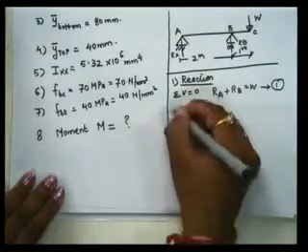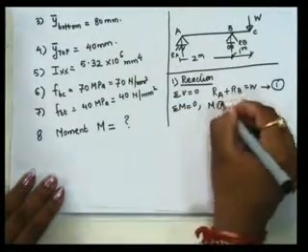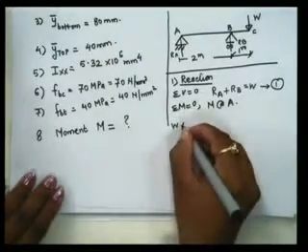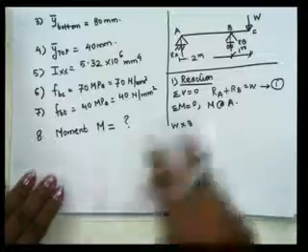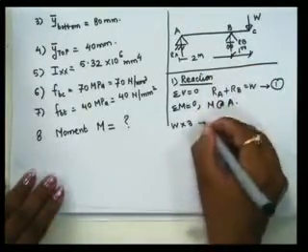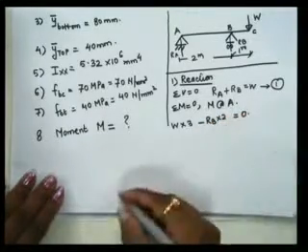Second is sigma moment is equal to 0. So moment about A, we get W into 3, clockwise positive, minus RB into 2 is equal to 0.